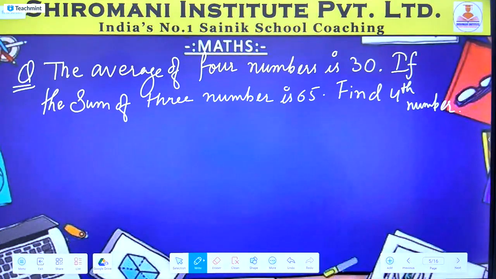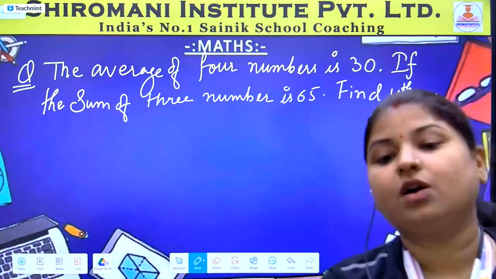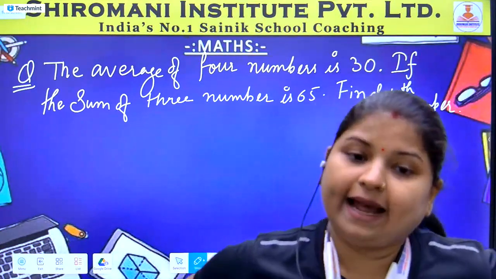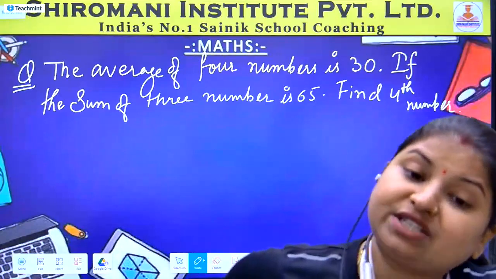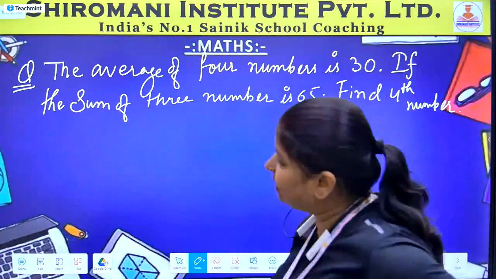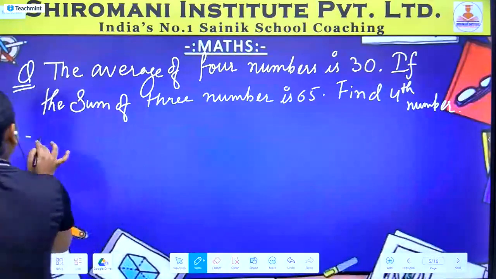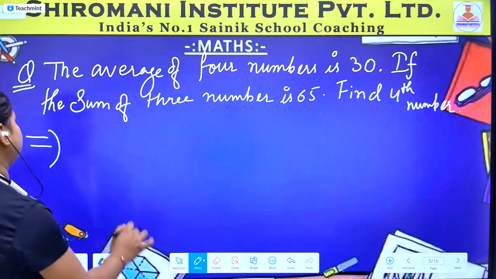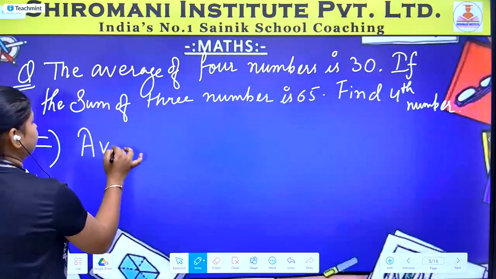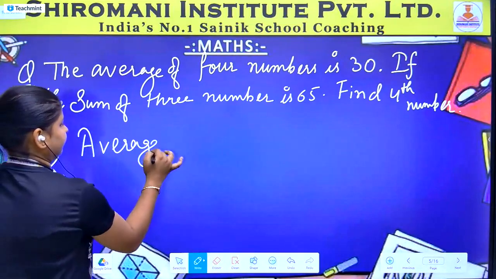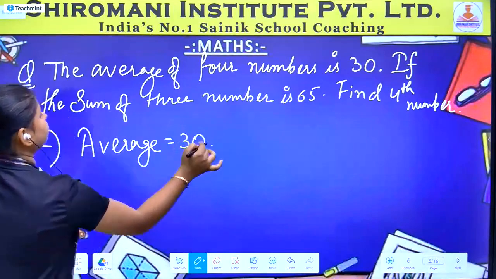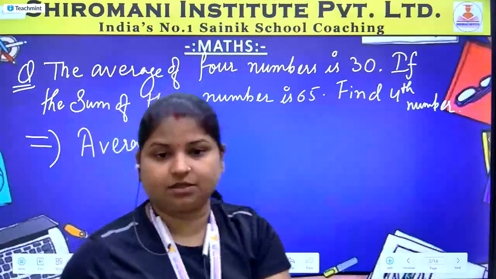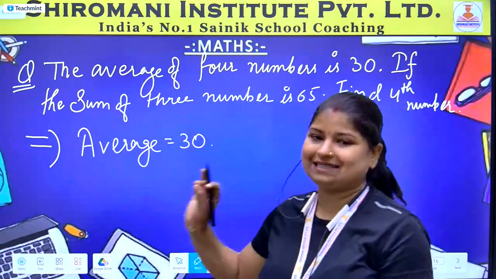Okay, see how we will do it. What does the question say? The question says that the average of the first four numbers is 30. That means I know what the average is. Average is 30. Sum of three numbers is 65.